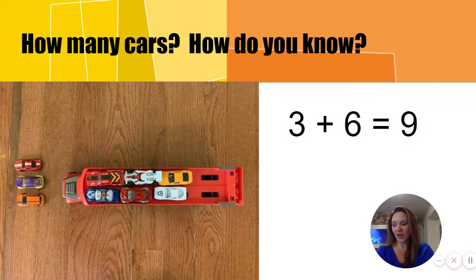There are 9 cars. 3 cars are next to the car carrier, and 6 cars are on the car carrier. Remember, when using the counting on strategy, we want to start with the greater number. Think 6, 7, 8, 9. 3 plus 6 equals 9.